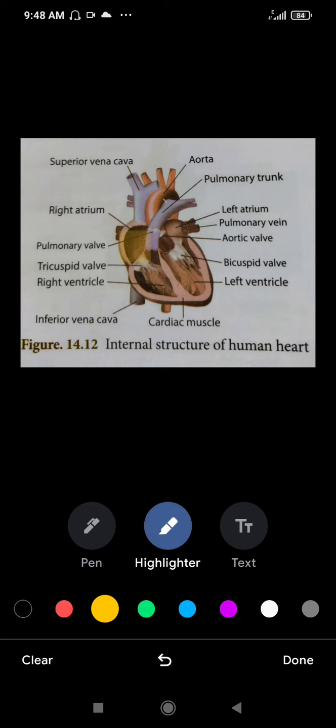The upper two chambers are known as atria, and they are thin-walled. The lower two chambers are known as ventricles.